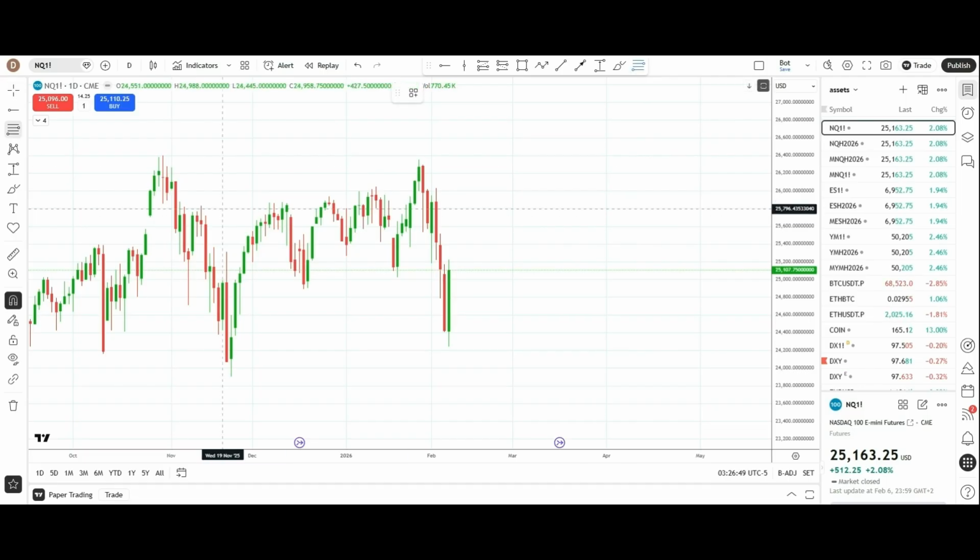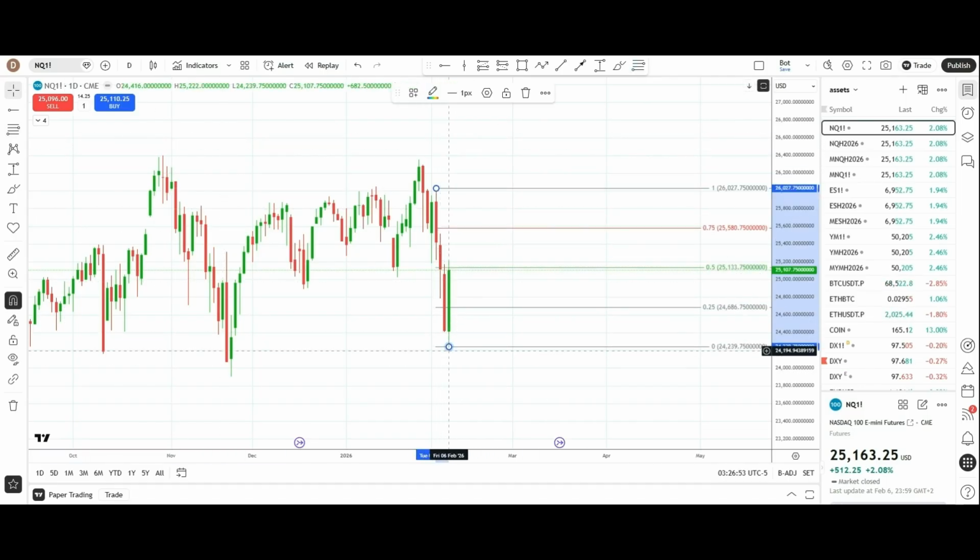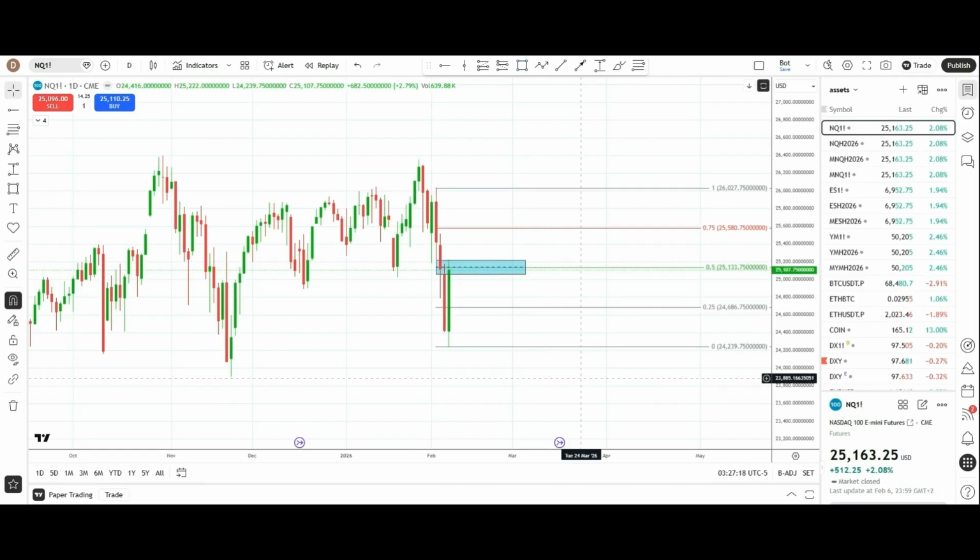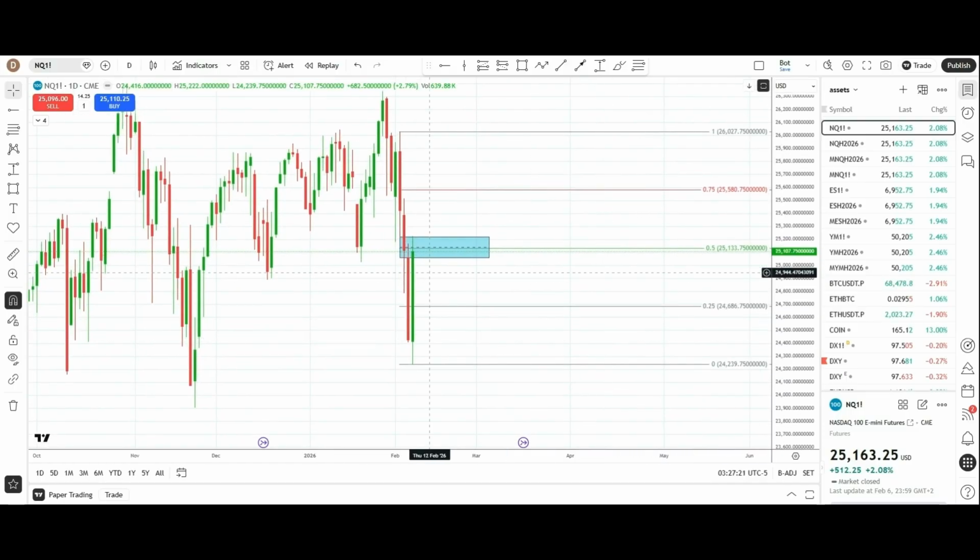And if we are to use a quarters tool, we can see that the price has reached not only the 0.25 fib but also the 0.5, and it got a little bit rejected here in the 0.5 area, and it basically stopped here in the area where we have a volume imbalance and a fair value gap on the daily chart, and I marked both of them together, because this is an area of imbalance, and you can use it like this.